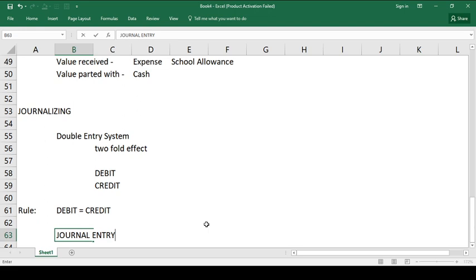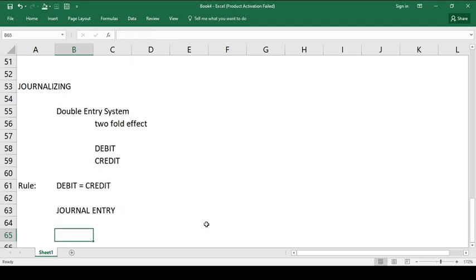Okay? The journal entry, again, is the formal recording of an accountable transaction. Okay? And the composition is a debit and a credit and an explanation. Okay? But we will not focus on the explanation kasi yung explanation pwedeng gemma-gemma lang yon. Okay?